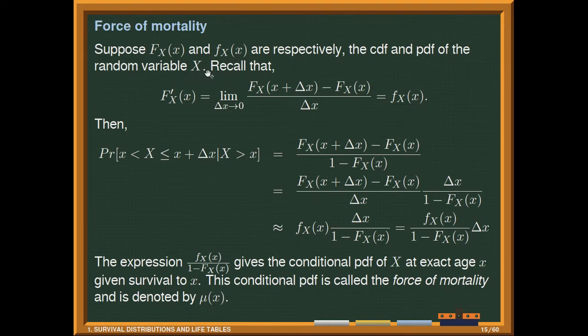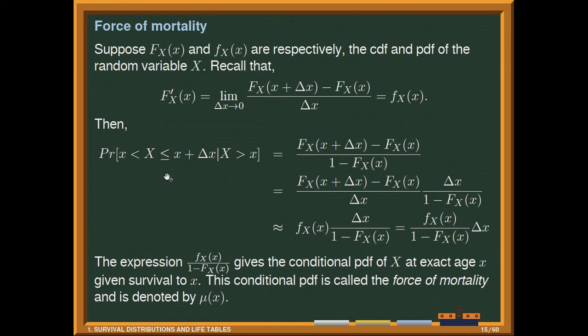We are assuming that x is a continuous random variable, so we know that the derivative of the CDF is equal to the PDF of x. Okay, and we note that the derivative of capital F is defined this way.